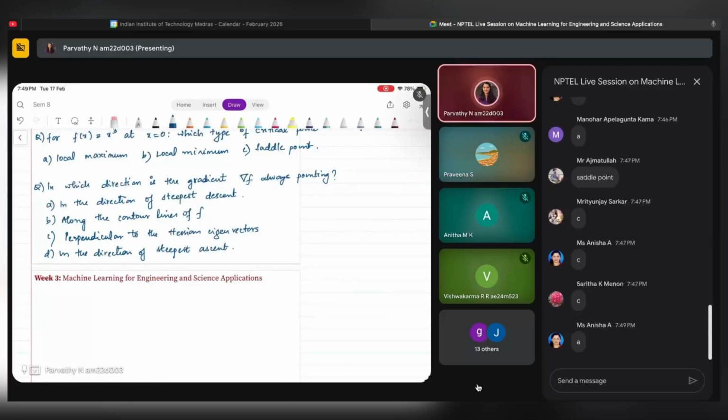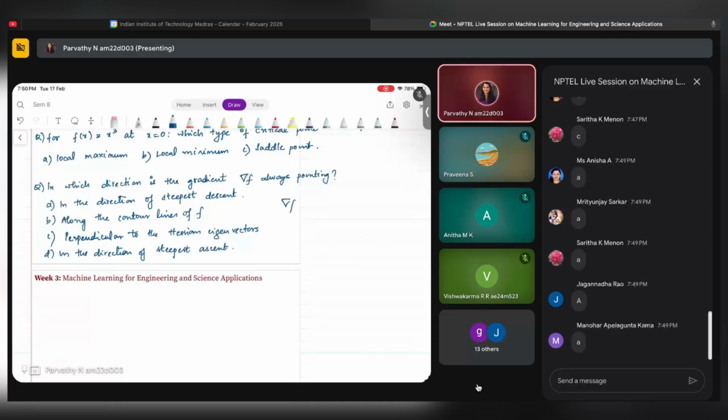So in which direction does the gradient always point? Is it in the direction of steepest descent, or along the contour lines, or in the direction of steepest ascent? So the gradient always points in the direction of steepest increase of f.